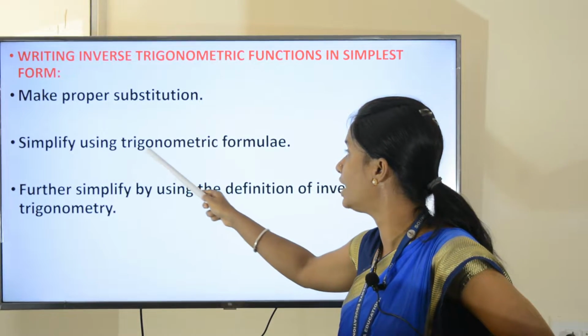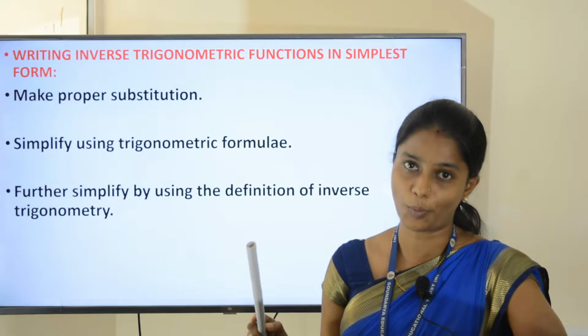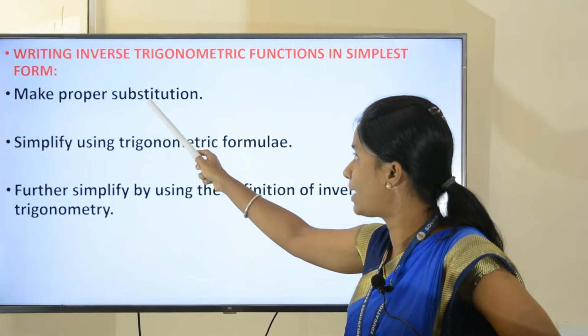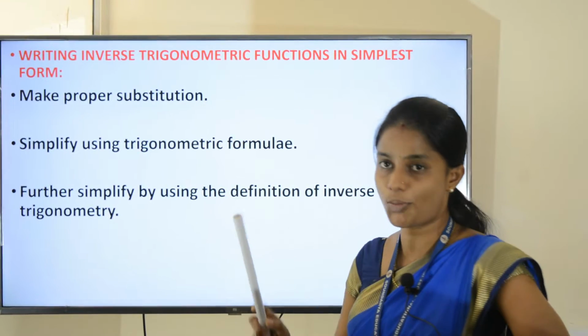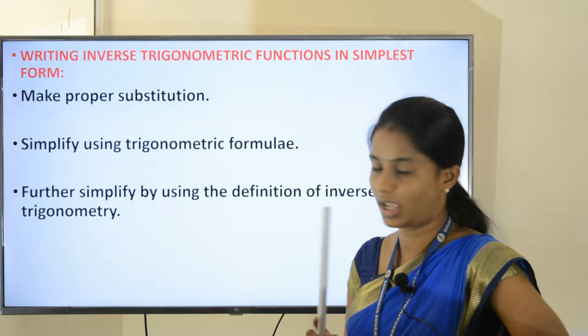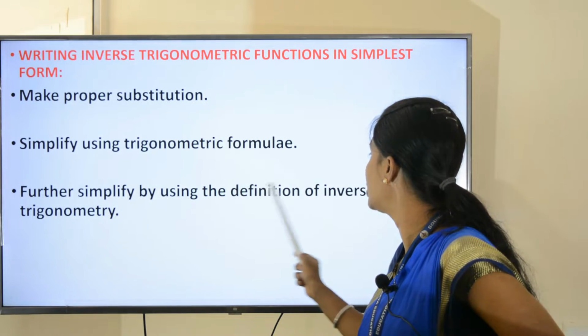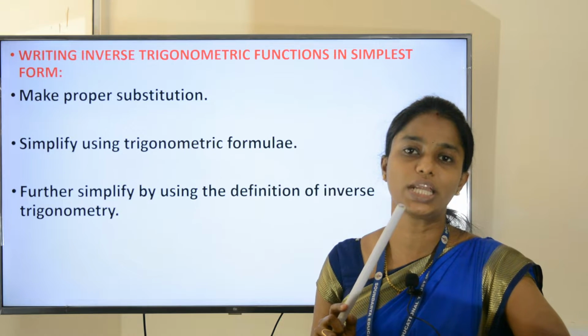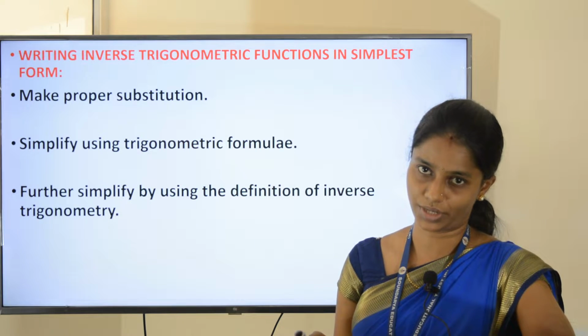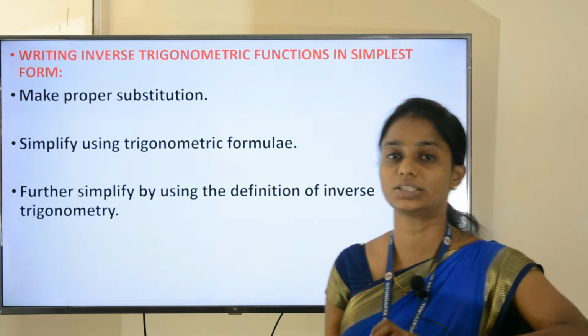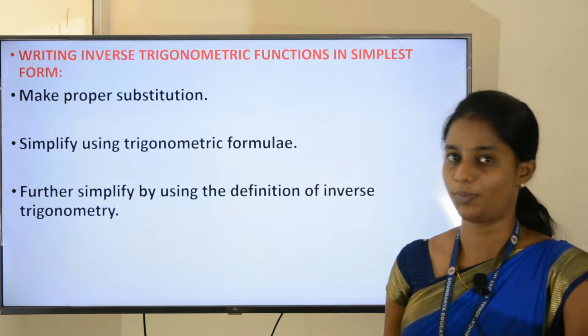Third, after applying the proper substitution and trigonometric formulae, we have to simplify the problem using the definition or any properties of inverse trigonometry. We are going to follow these 3 rules in problems.